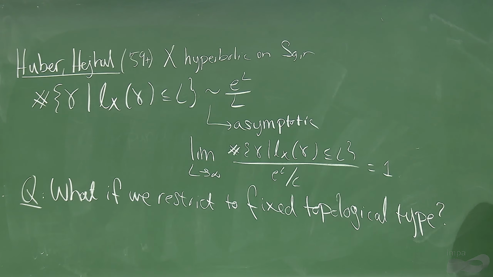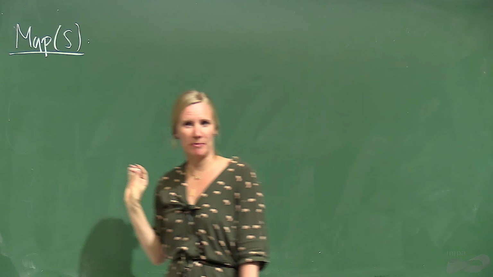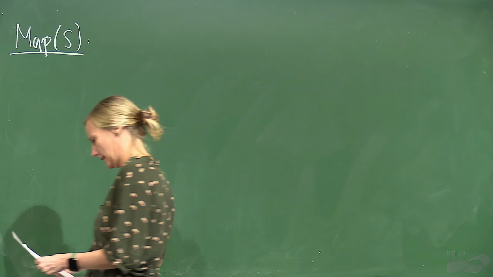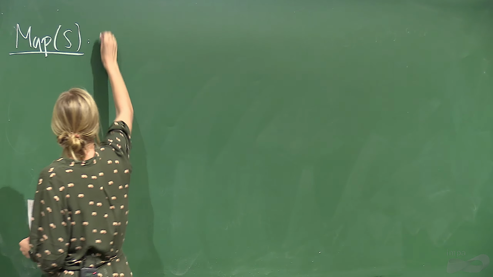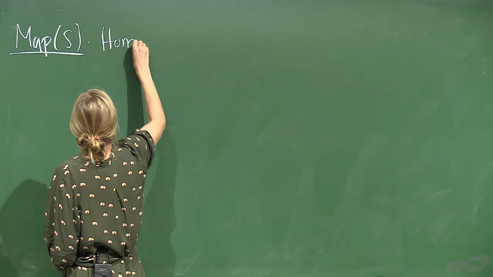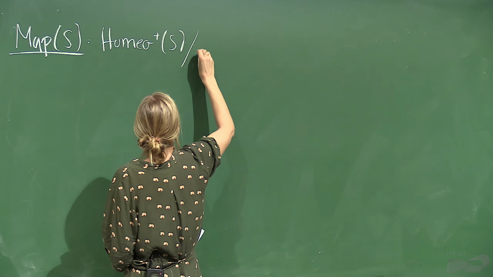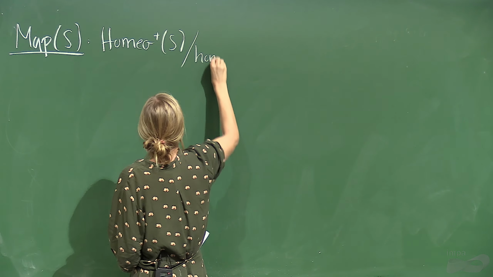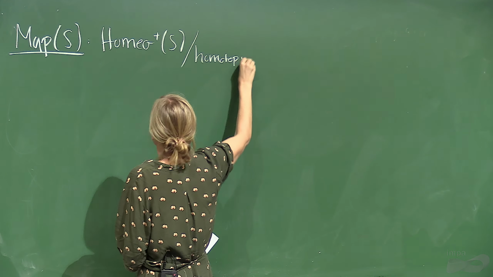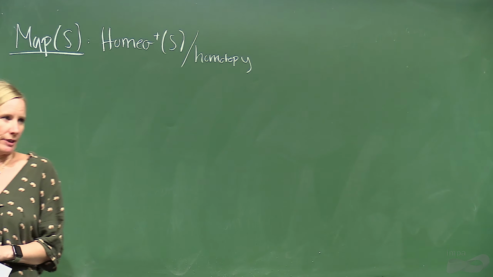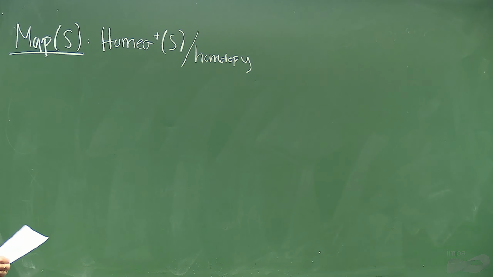By that, I'm going to need a mapping class group. So this is my very non-standard notation for a mapping class group, but I can't change it. I get confused. So it's just the orientation preserving homeomorphisms of your surface up to homotopy. Or if you want, orientation preserving diffeomorphisms up to isotopy. Okay?